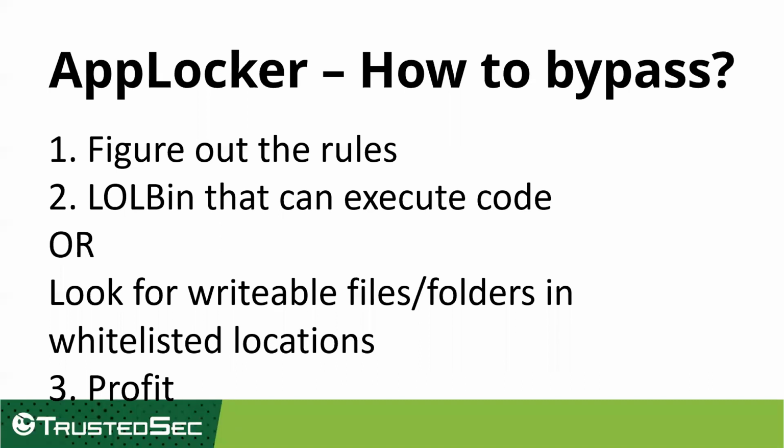If all the normal LOLBins are blocked, you start to look for writable files that the normal user has access to, or writable folders that reside in a whitelisted location. If you find that, you can either overwrite the file, or create a new folder or file and execute that way. And last but not least, if you're able to execute, you win. That's the basic flow of a bypass.